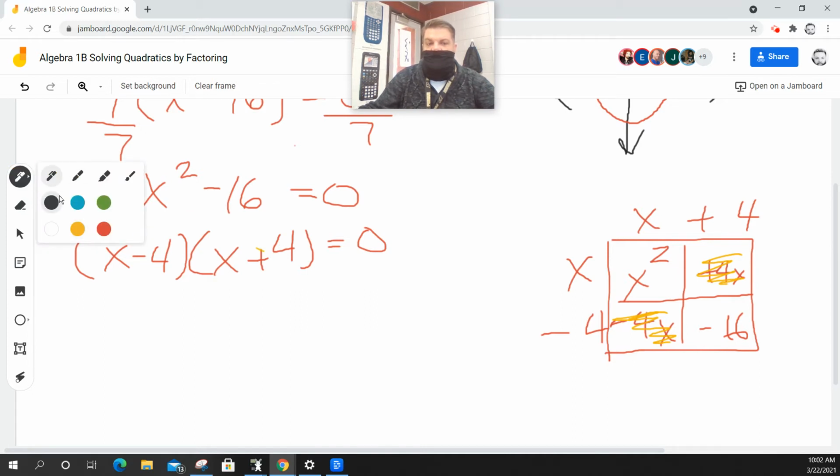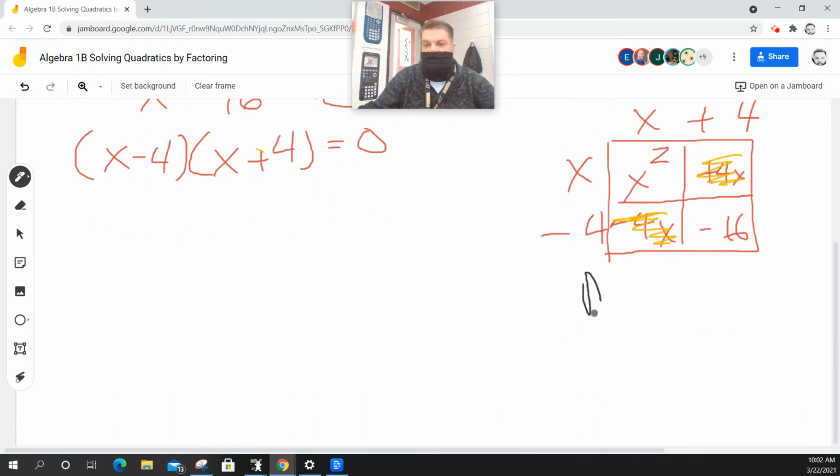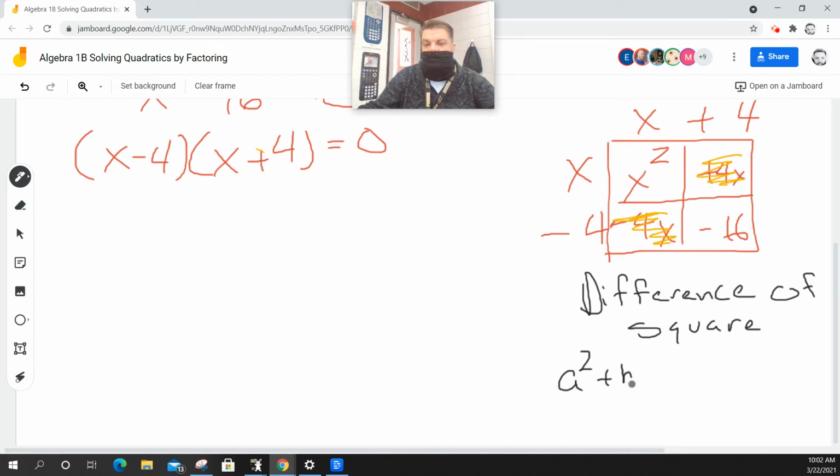So if I were to write out the pattern for the difference of squares, I'll write it down here real small. Difference of squares looks like this. If I have a squared minus b squared, that's equal to a plus b times a minus b. Okay.